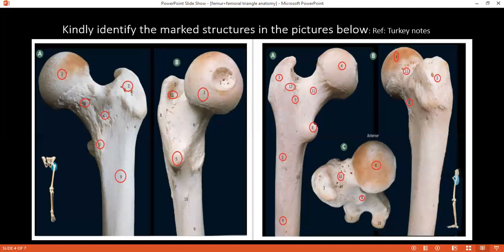How would you divide the fractures of the neck of the femur? I don't know. That depends on the management as well, and that really is important.